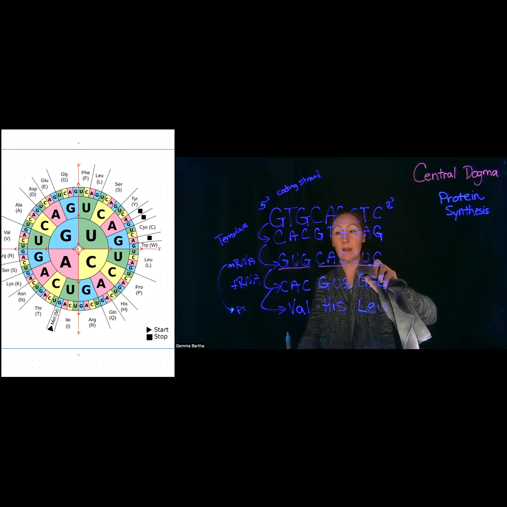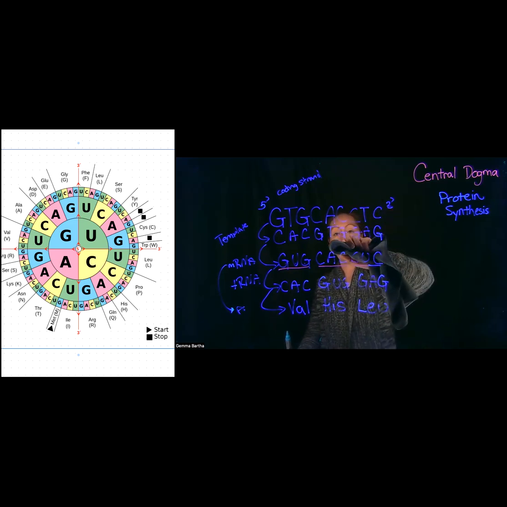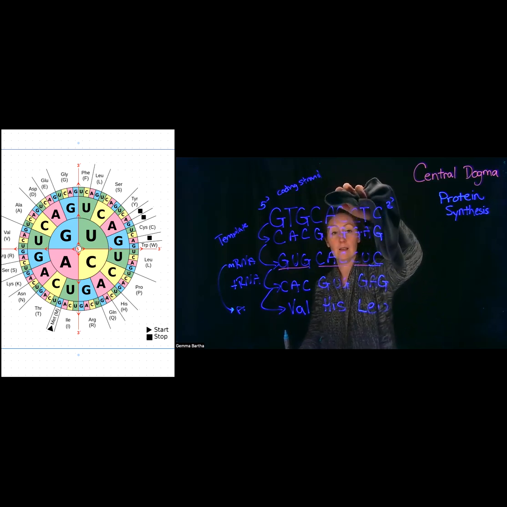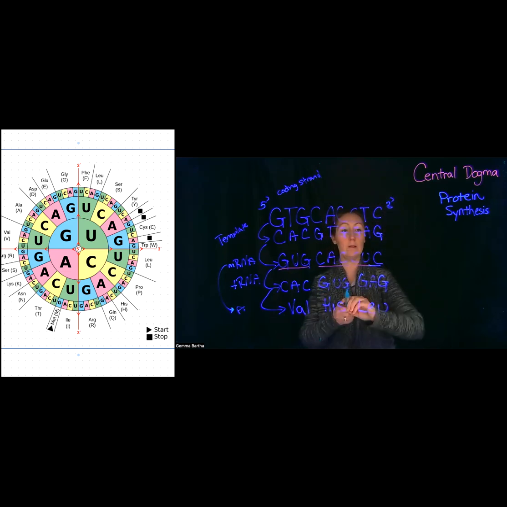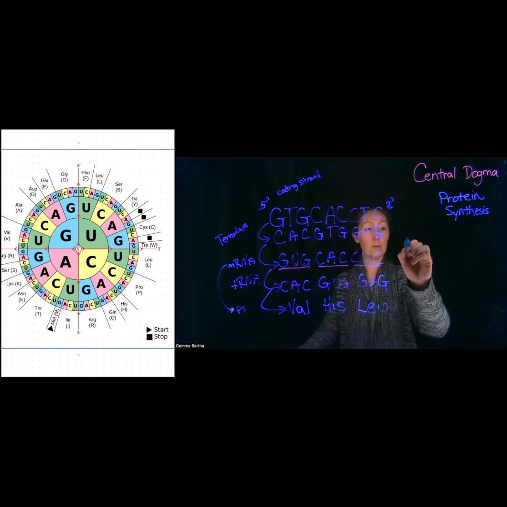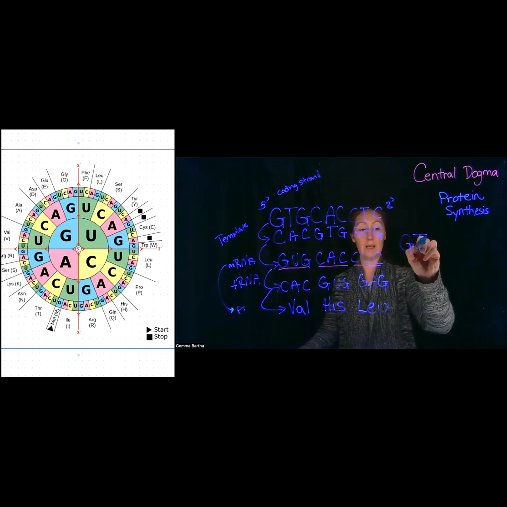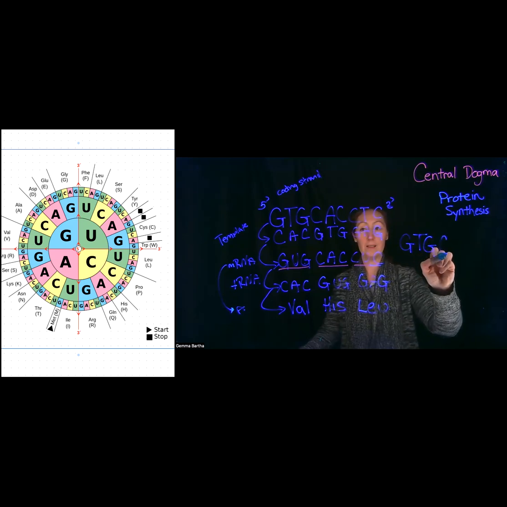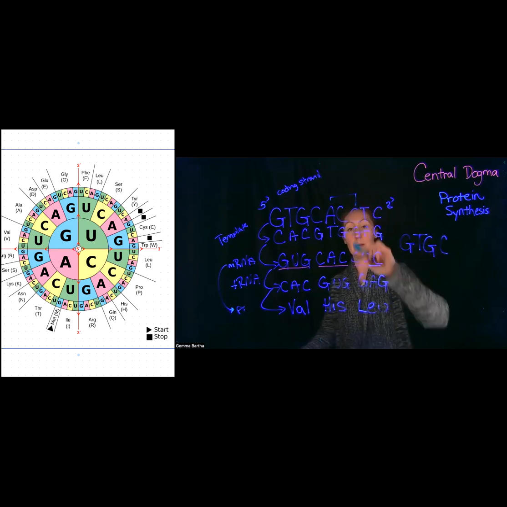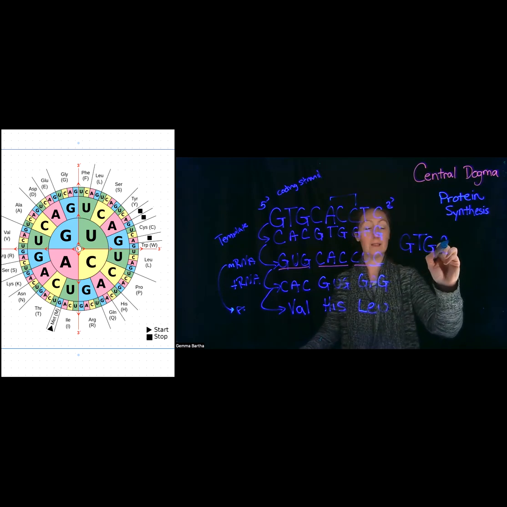So let's say in our genetic code here, we had A, C, and C get taken out. So I'm going to rewrite it over here just so that we can have something to compare to. So now we have G, T, G, C, and then CAC is going to be taken out. So this would be C, T, C.